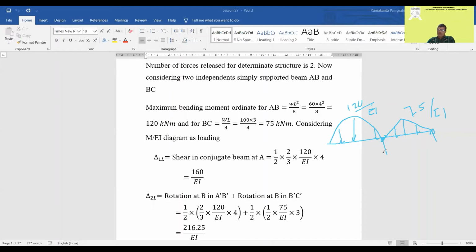Now, what is delta 1L? 1 is the coordinate here, 2 is the coordinate here. Delta is at A dash, B dash, and C dash.